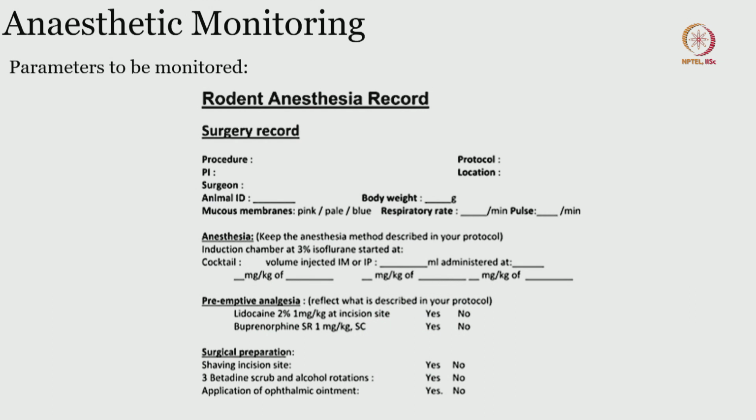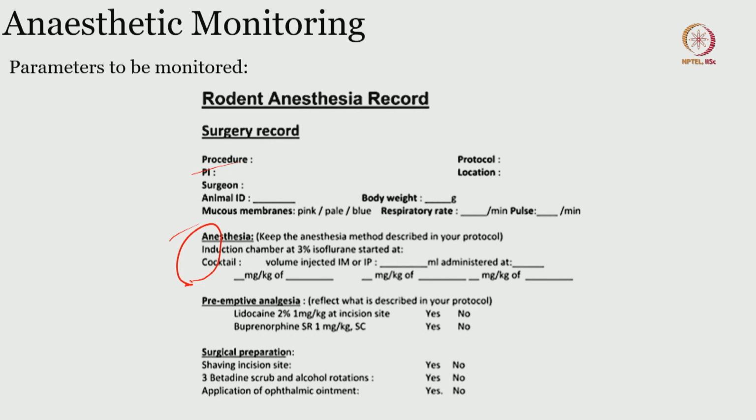All right. So, it is always good to have such a rodent anesthesia record, which will also have various details about the surgery. Okay. You can include all the identification details of surgeon, animal's ID, procedure and whatnot. Along with that, you give a detailed description of the actual anesthesia being used, exactly what is the mixture that you are using.